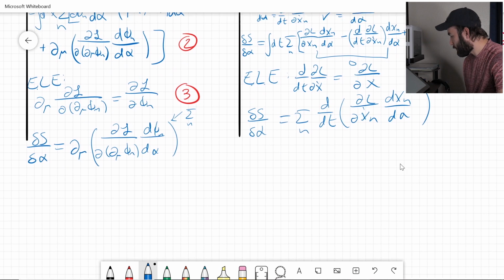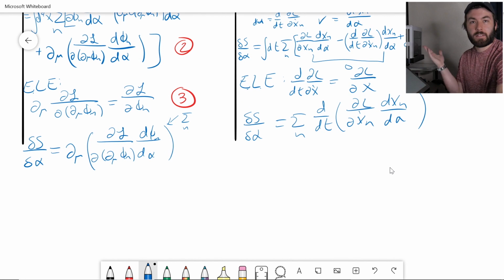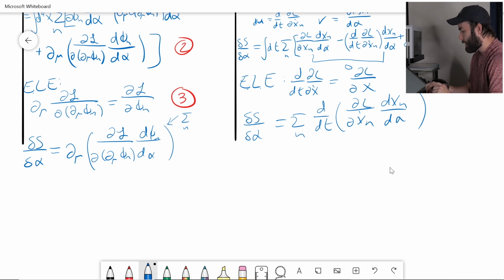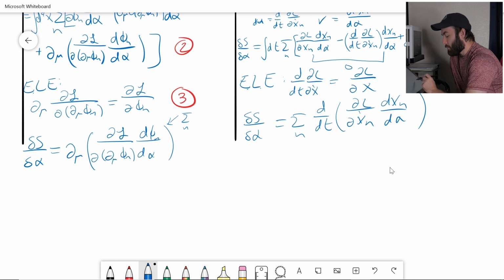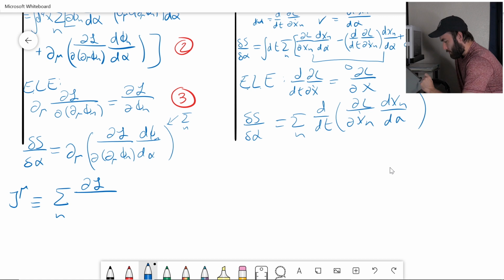Instead of writing that this whole time, let's give the thing in the parentheses a name. It's got one index for mu, so it's going to be a 4-vector, and I'm going to call that j^mu. So j^mu is defined to be the sum over n of dL/d(d_mu phi_n) times d phi_n d alpha.